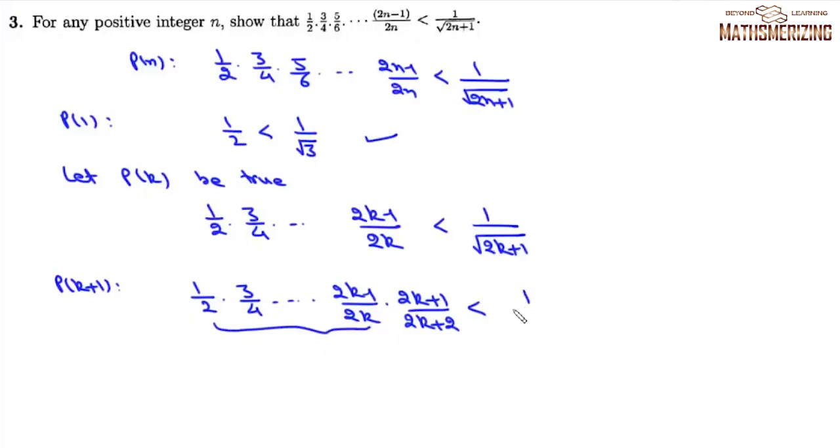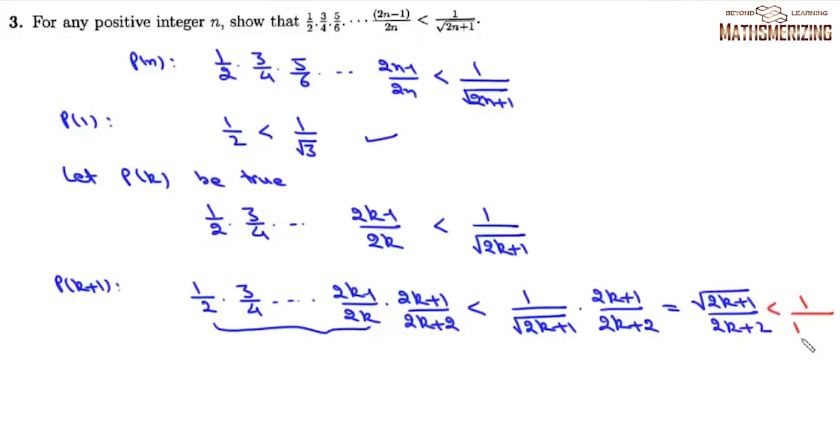So we can write this as 1/√(2k+1) into (2k+1)/(2k+2), which is √((2k+1)/(2k+2)). Now if Pk+1 is true, we need to prove that this expression is less than 1/√(2k+3). So what we'll do is, we'll start from here and we'll see if this result is true.